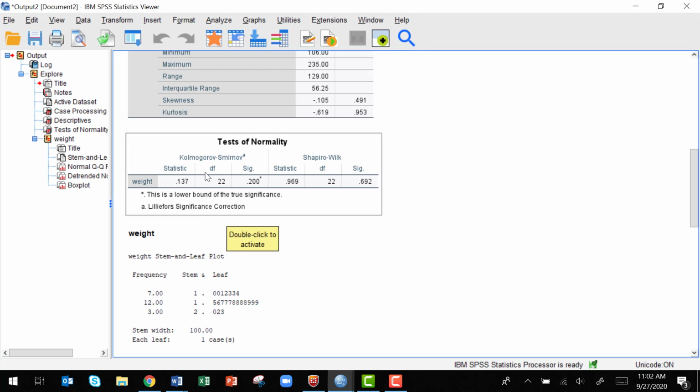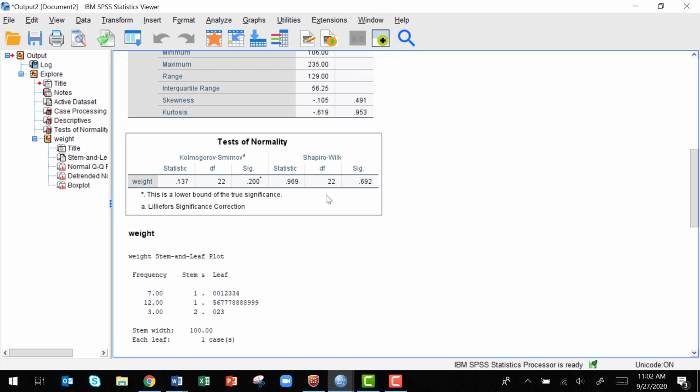So then I have the two tests of normality. So my KS test, my sigma, is greater than 0.05, which was what I had set.